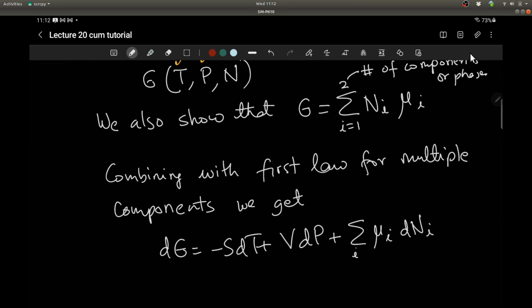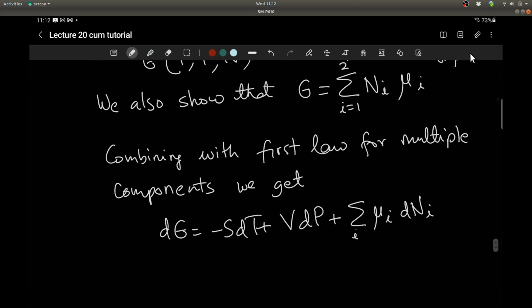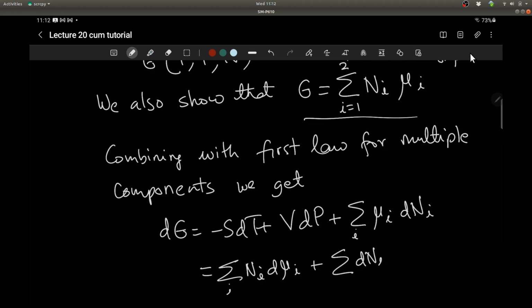Okay, so this is the thing, but we also have the above formula, so taking d of this, it is also equal to the summation over N_i d mu_i plus the summation dN_i mu_i. Is this clear?